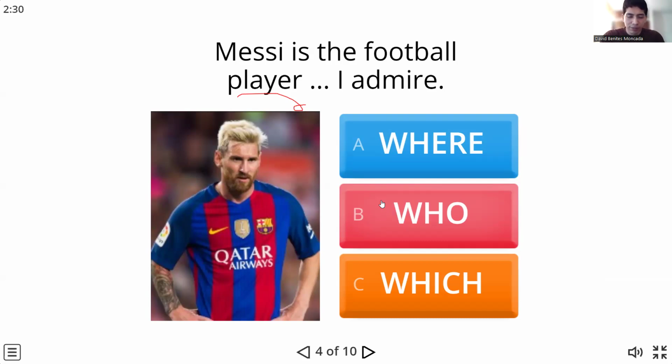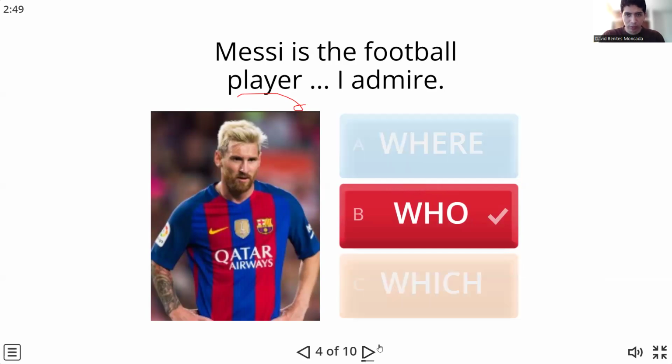Si te da flojera, utilízame that para cualquiera. Repito, who para personas, which para animales o cosas. Si se refiere a un lugar, es where. Entonces aquí sería who, porque es persona.